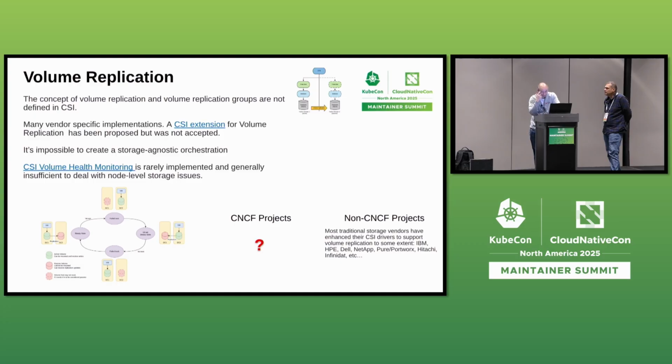So what's happening, and I follow this every day, is that every vendor is creating a CSI proprietary extension to configure volume replication. And it's very confusing. They're all different. So it's impossible today to create a storage agnostic DR orchestration, right?